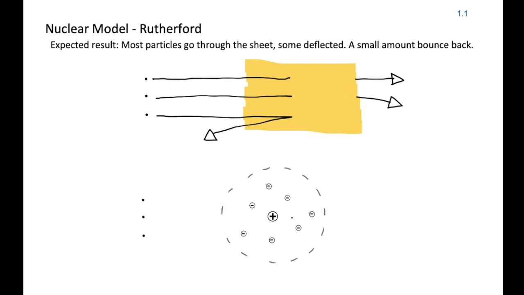And I've done my best to draw it out here. But he said that in this new model, the positive charge of the atom was concentrated in a small area at the center in something called a nucleus.